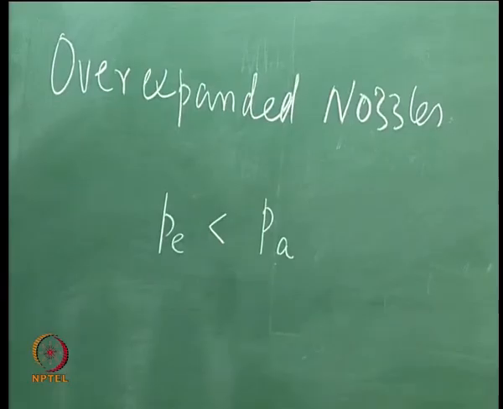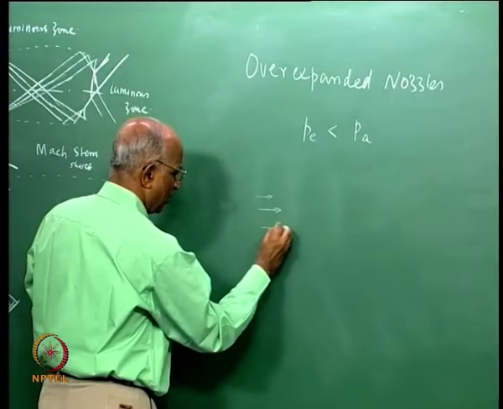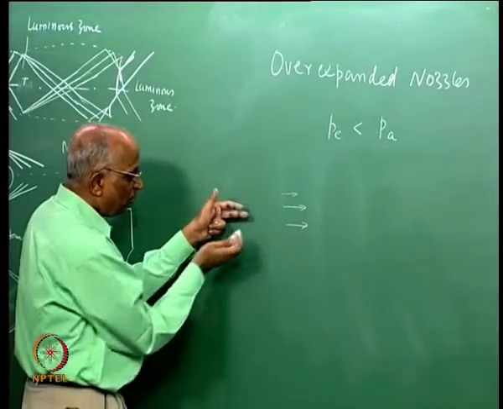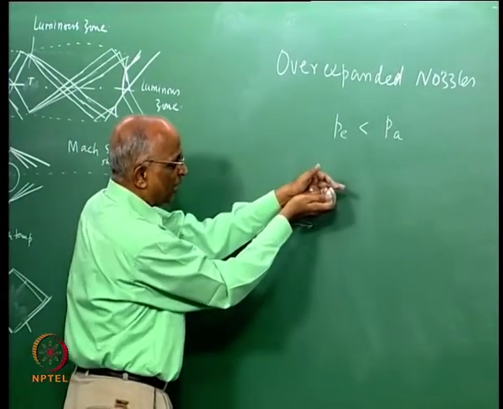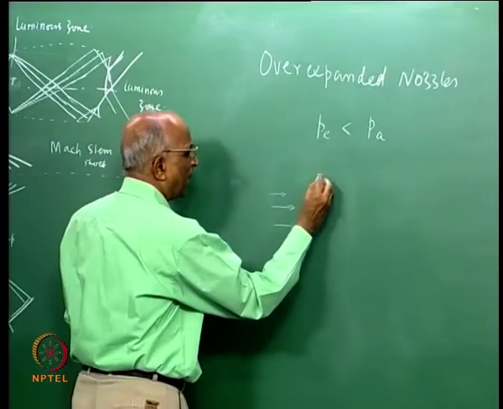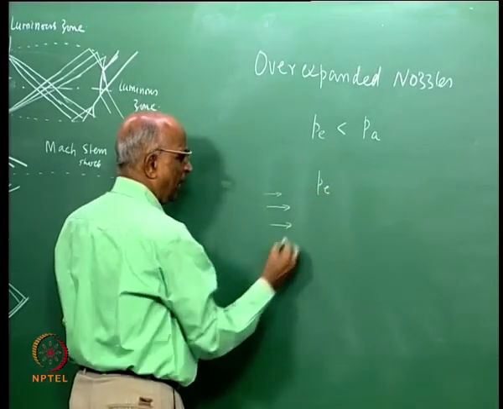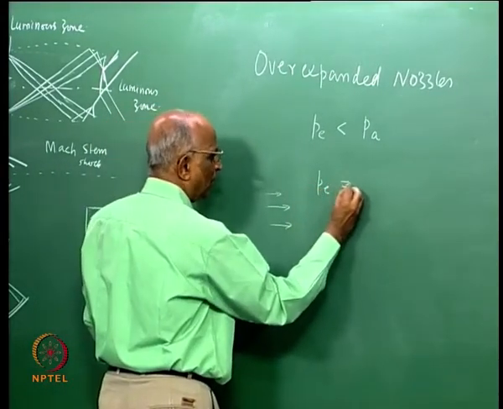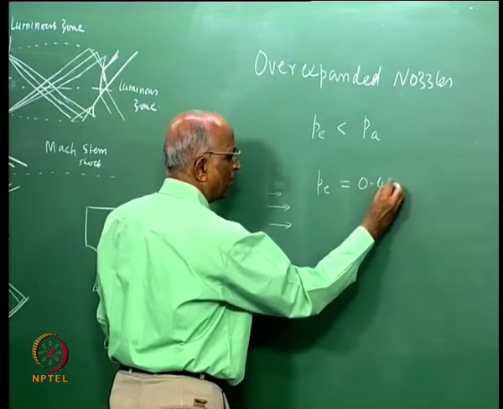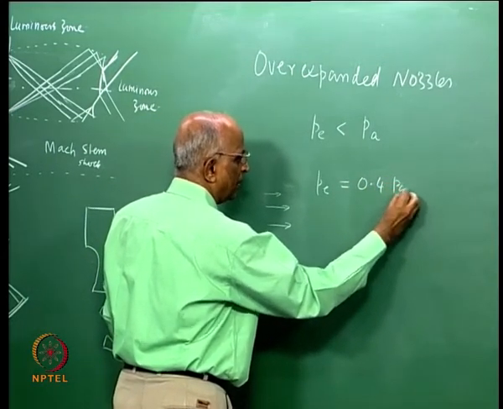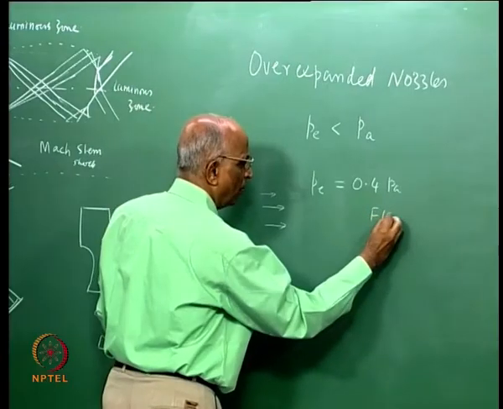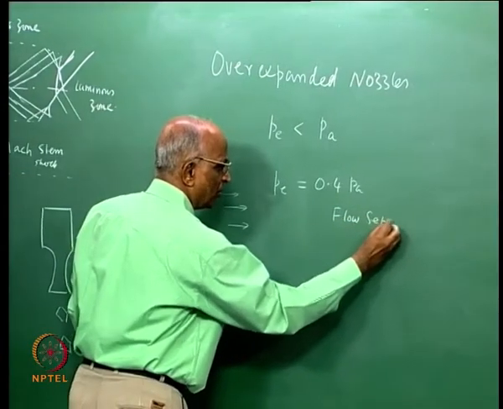This is the condition, but in general gas is flowing at high velocity in the divergent part of the nozzle, and therefore you have a lot of inertial forces as it were. In practice, only when the exit pressure is equal to something like 0.4 times the ambient pressure do I have this problem of flow separation and shock formation.